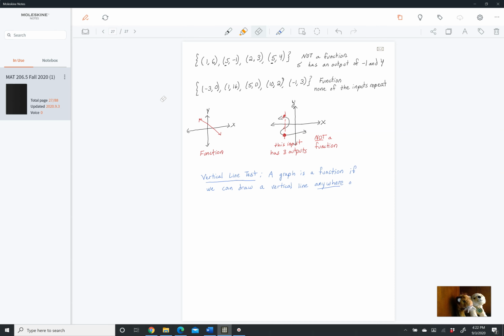Anywhere. And it only passes through the graph one time. Okay, if it passes through more than one time, it's not a function.